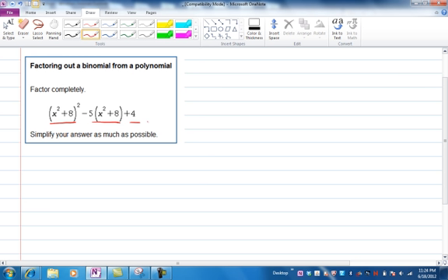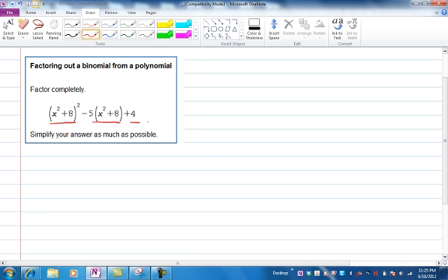In this case, you're not really factoring out a binomial as much as recognizing its existence. The three terms do not share a common factor, so you're not actually factoring something out. You're just going to use the fact that the binomial exists as a tool to factor the trinomial.